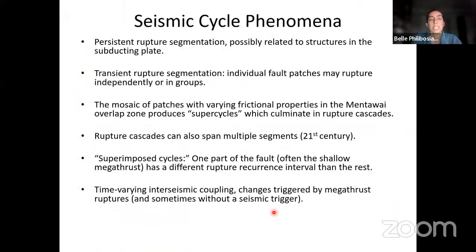I also want to mention that going beyond Sumatra, being able to have this uniquely detailed record in Sumatra has really illuminated all of these different phenomena, such as persistent rupture segmentation, this mosaic of patches that's producing this supercycle behavior, rupture cascades that can span multiple segments, superimposed cycles, and time-varying interseismic coupling, with or without a seismic trigger.